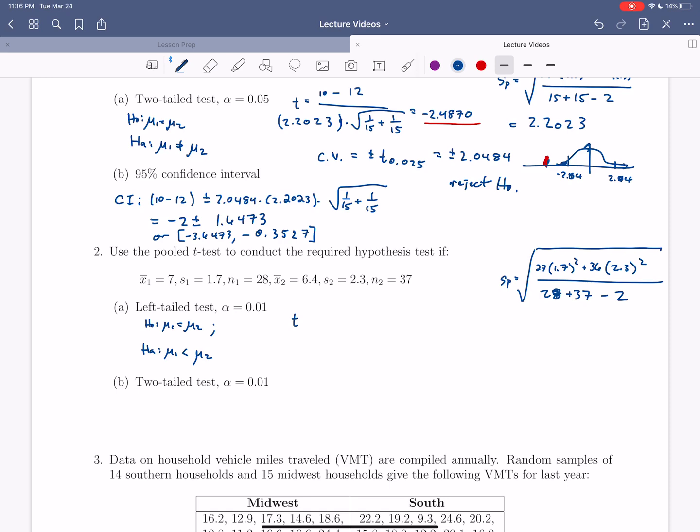And so that's going to be our degrees of freedom for our denominator. Plug that in to your favorite calculating device, and you get 2.0643. So that's the pooled standard deviation.